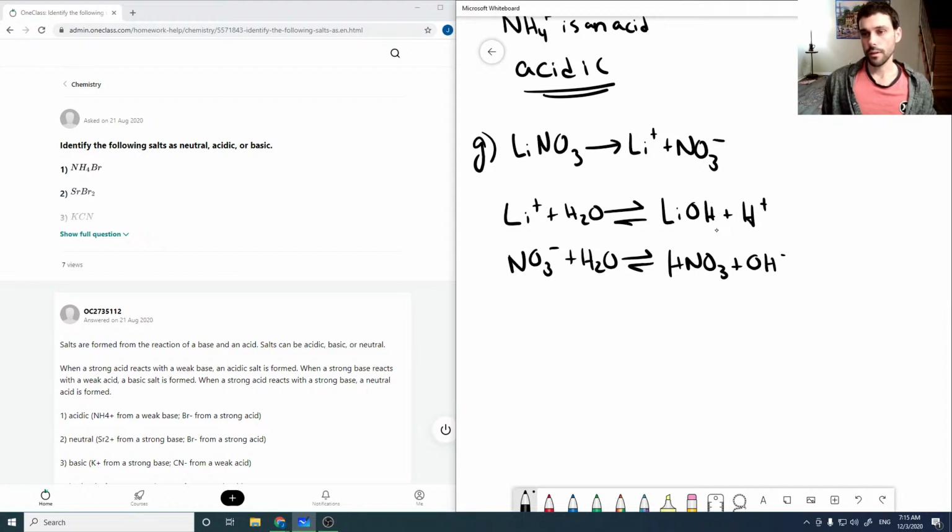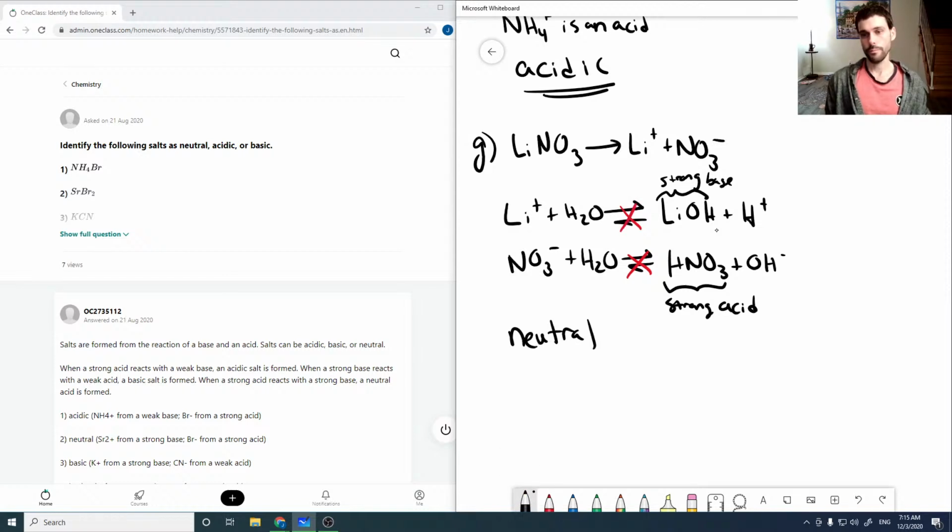And then if we look, this is a strong base, and this is a strong acid. So this is nitric acid, one of the polyatomics that would be worth remembering. And so neither of these occur, and the whole solution will be neutral.